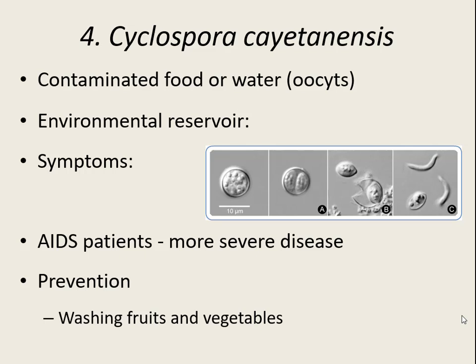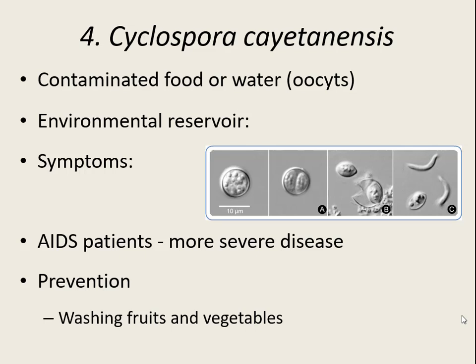One of the easier ways to prevent it, other than drinking clean water, is washing fruits and vegetables. Even cooking and freezing them will kill this particular organism. Again, a lot of fruits and vegetables are fertilized with manure, and if it's coming from an infected animal, it causes you to be at risk.